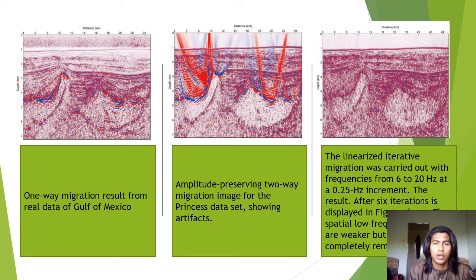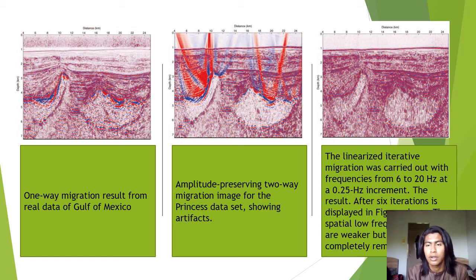In the figure below, this is a result by Mulder and Plessix in 2004. On the left side is a one-way migration result from real data of the Gulf of Mexico, and the middle part is the two-way wave equation migration result that produces the artifacts. And the right side of the figure is the iterative migration.